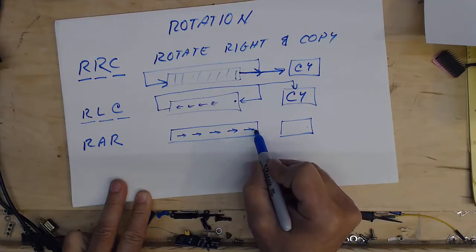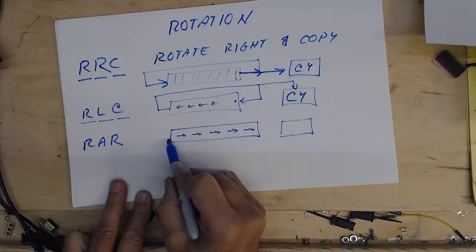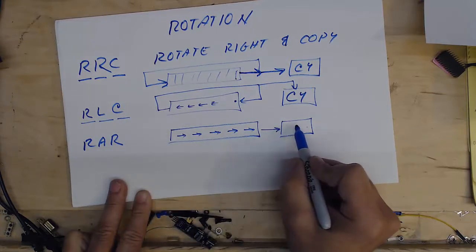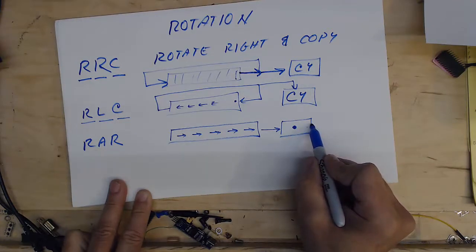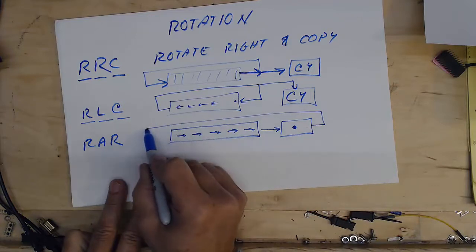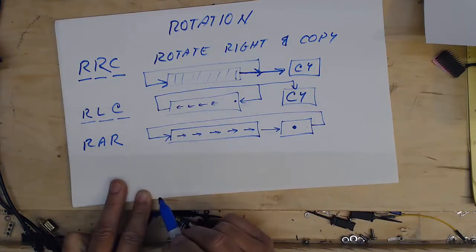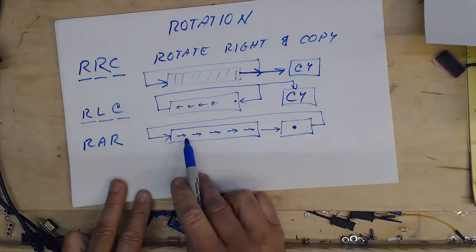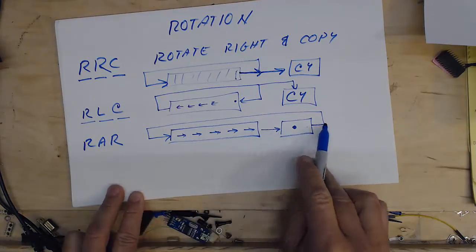But the one that is the least significant bit, instead of going around into the left-hand side and becoming the most significant bit, is just going to go into the carry. And so this is going to be our new least significant bit. And whatever was in the carry is going to go all the way and become the most significant bit. So in this case, we copied into the carry. In this case, we rotate through the carry.